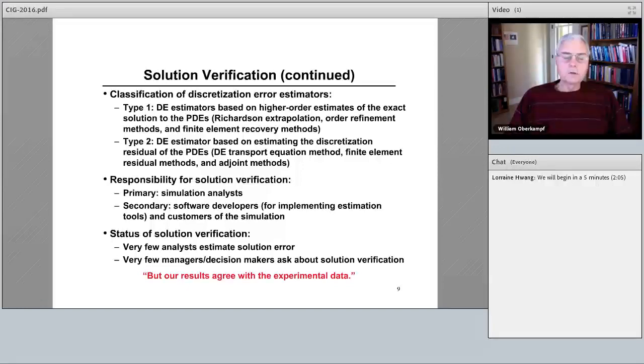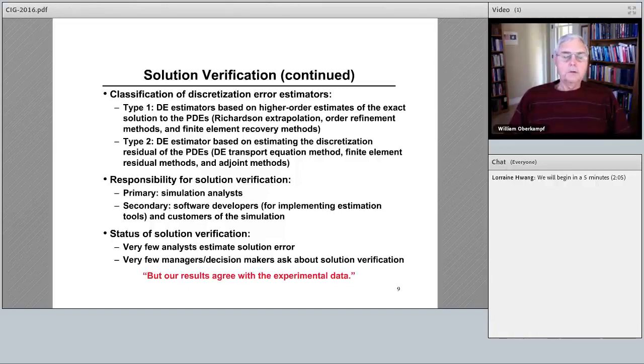Responsibility for solution verification, sometimes called calculation verification. The primary responsibility falls on the shoulders of the simulation analyst. You can call it computational analyst if you like. But there's also responsibility of the software developers. And you might say, why would I say software developers?